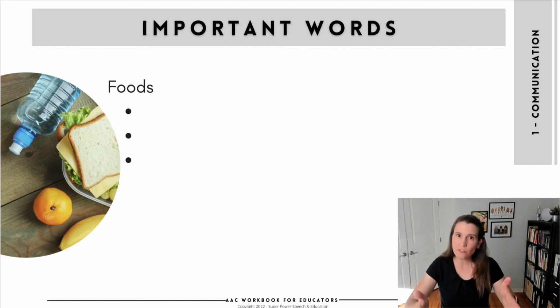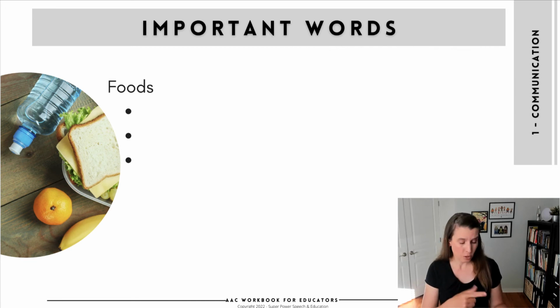So list the foods that you know that your student really does prefer, even if they're not always available, the ones that they have on a semi-regular basis when they're at school, because food's important. Most of us want to be able to talk about food, to request it, just like before, to comment on it, to share an experience.